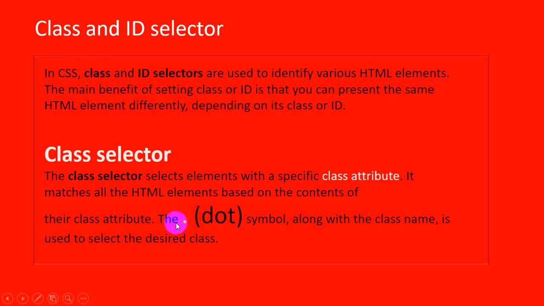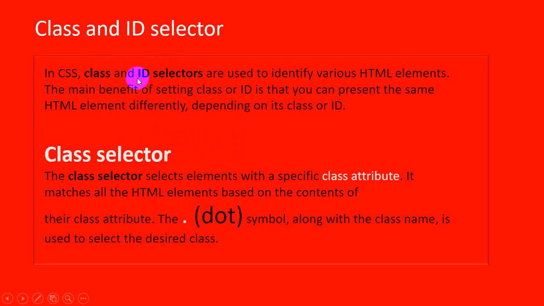If you are going to apply CSS to an HTML element in which you have used the class attribute, then in CSS you have to use the dot symbol, and after that you write the name of the class value.